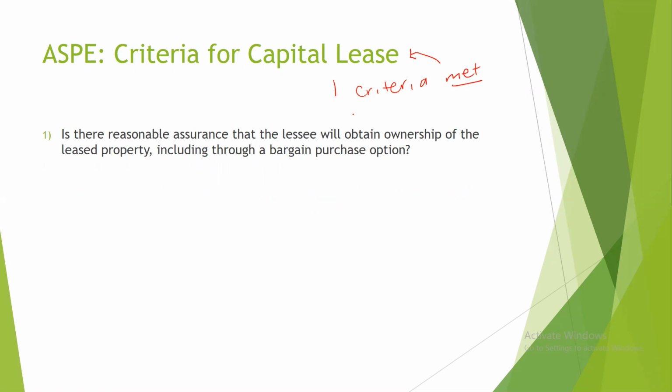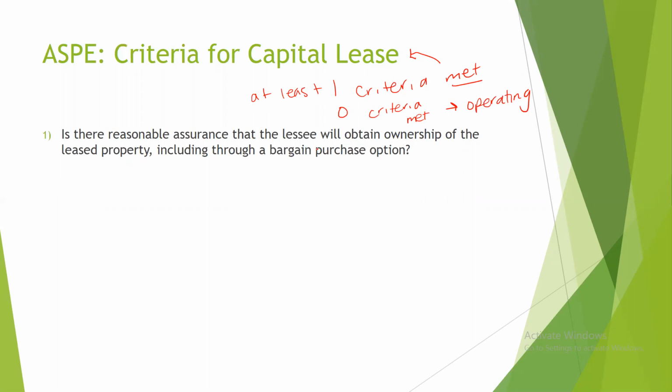If none of the criteria, so 0 criteria, are met, then it's an operating lease. If at least 1 criterion is met, then it's a capital lease. If all 3 criteria or 2 criteria are met, then it's still a capital lease. If none of the criteria are met, it is an operating lease.